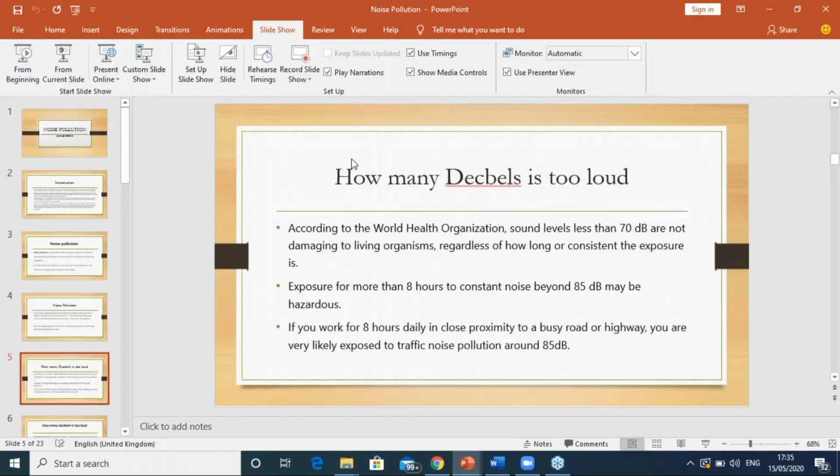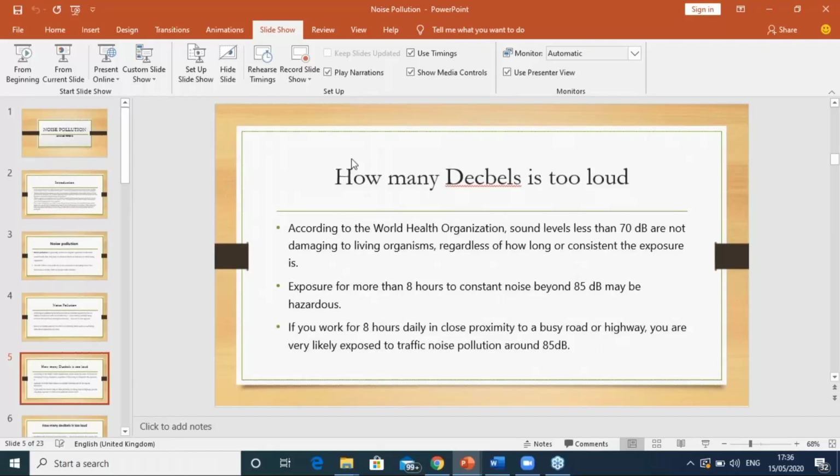Even within the limit, constant and continuous exposure can disrupt your hearing system and cause a lot of problems. Too much of everything is bad. Being within a noise limit of 50, 60 or 40 doesn't mean you should continuously expose yourself.